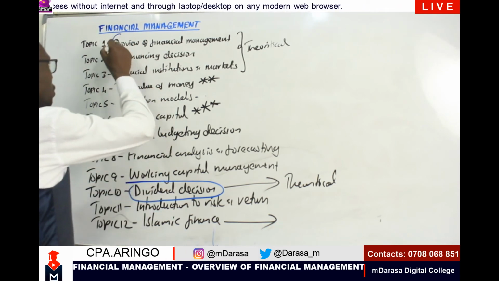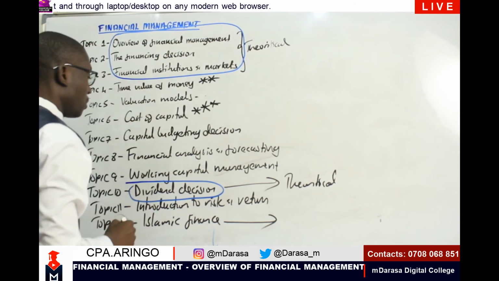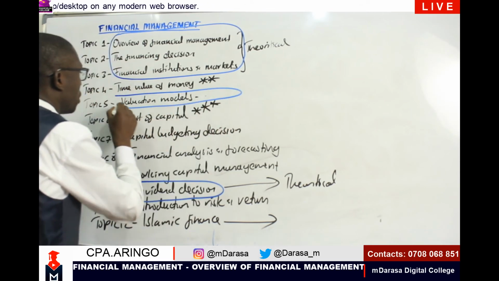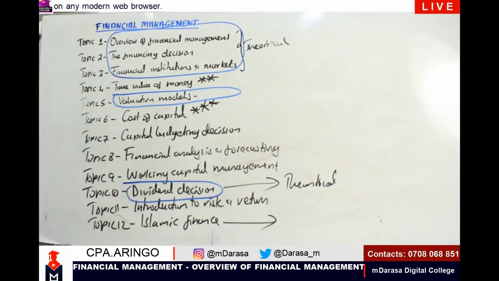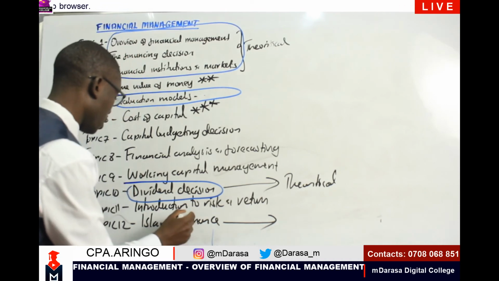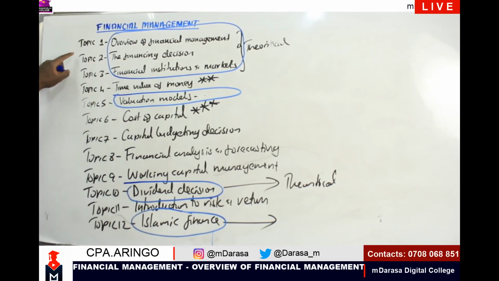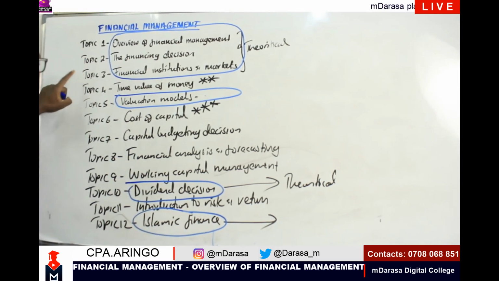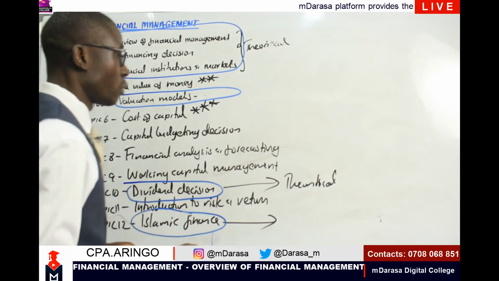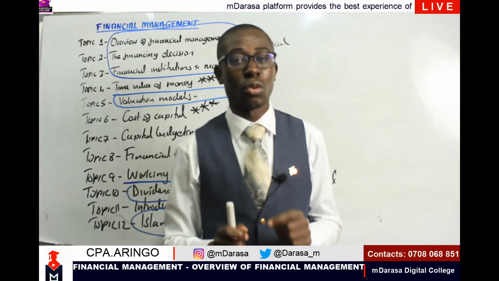The first 3 topics are also very theoretical, and so are the evaluation models. So how many topics are theory? 1, 2, 3, 4, 5, 6. Out of the 12 topics that we have, 6 topics are very theoretical.